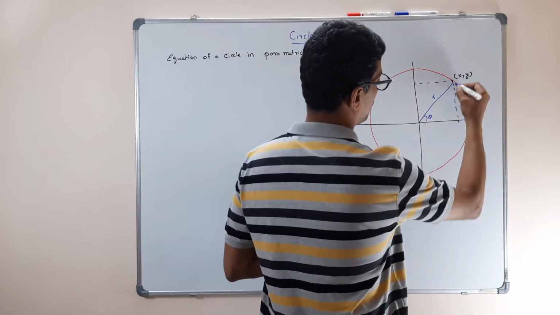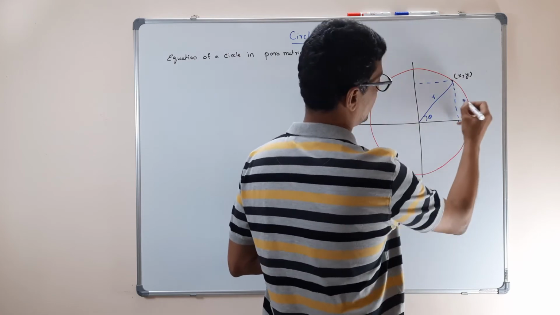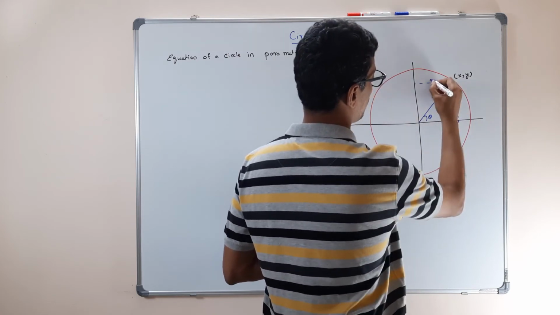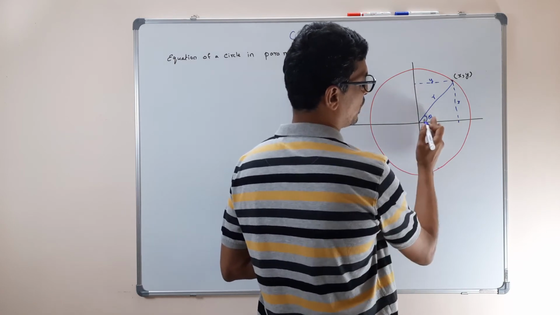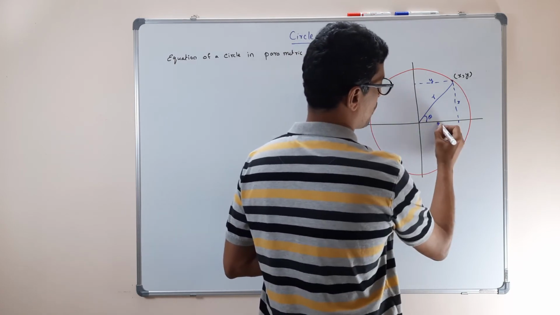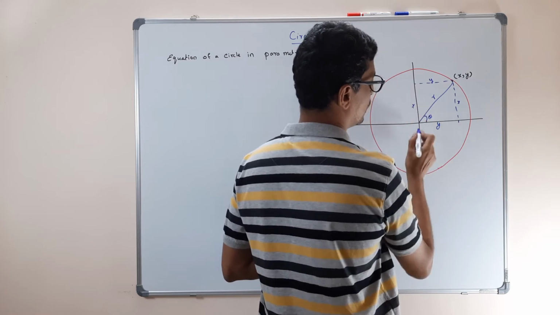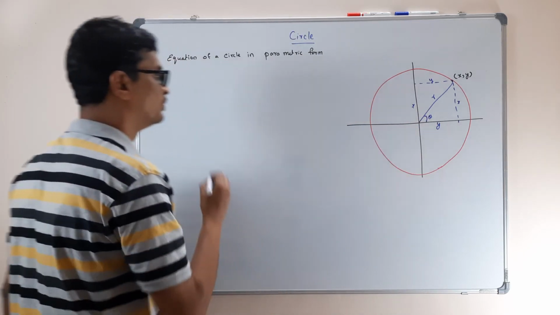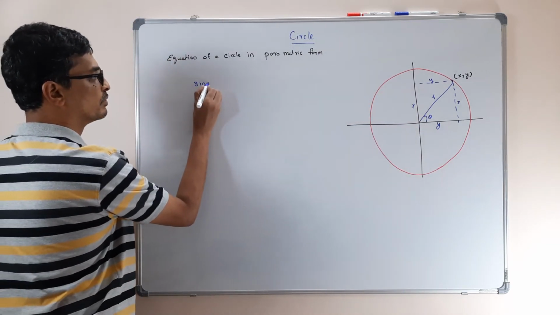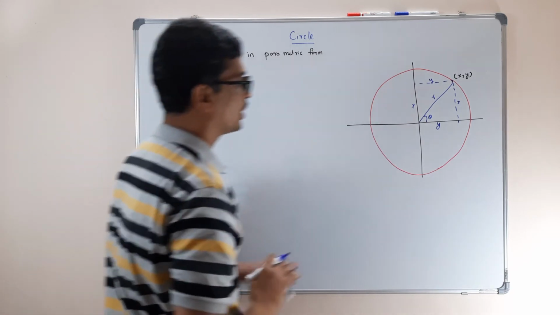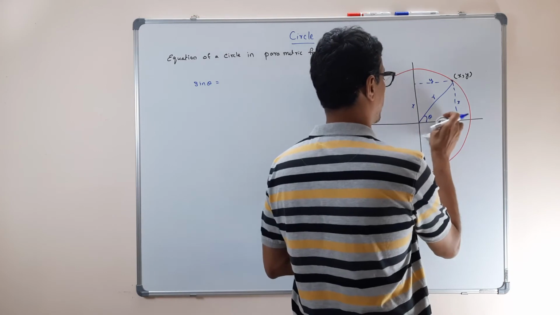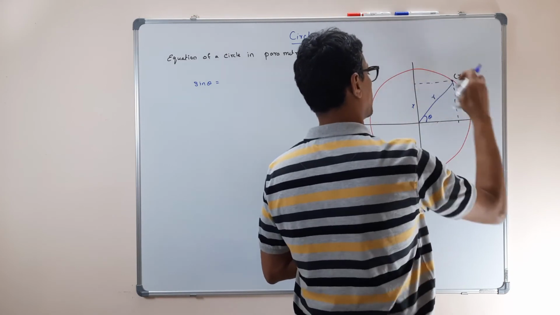So this length is x and this is y. What is sine theta? Tell me. Sorry, I made a mistake. Which is x and which is y?